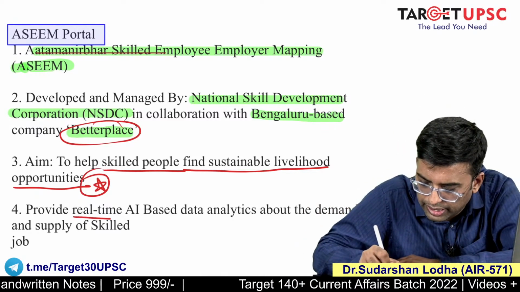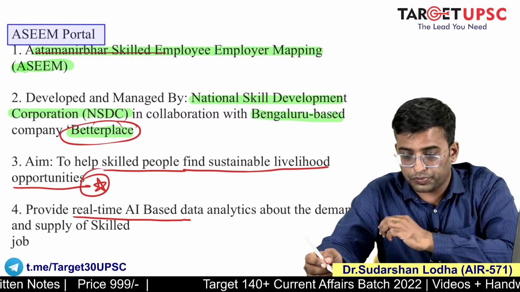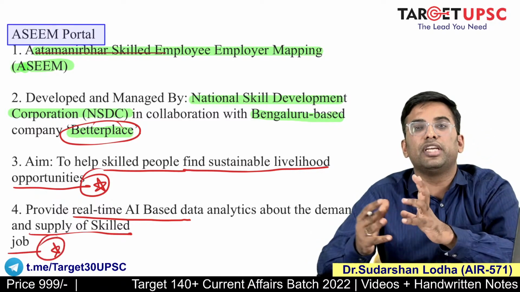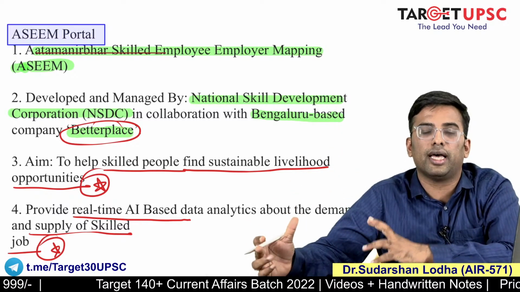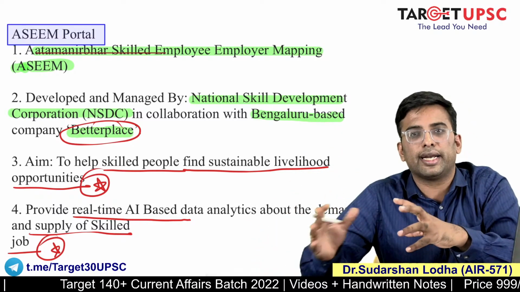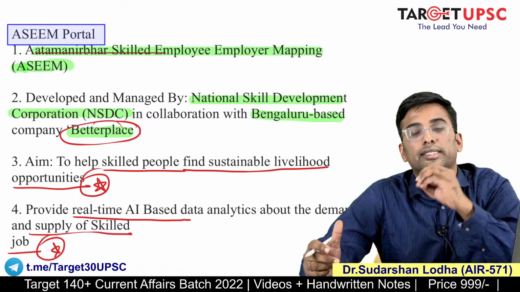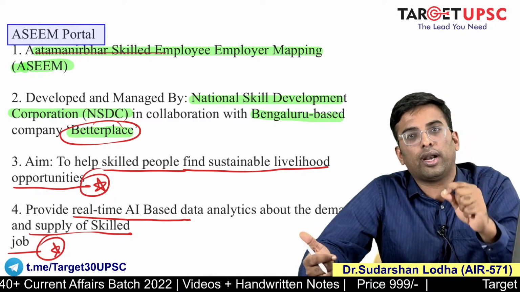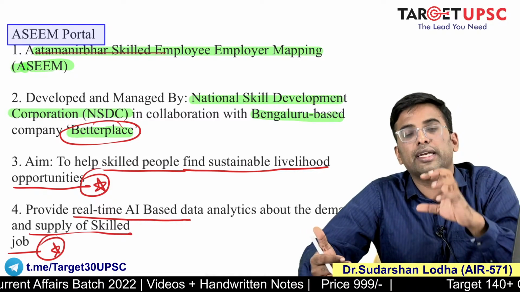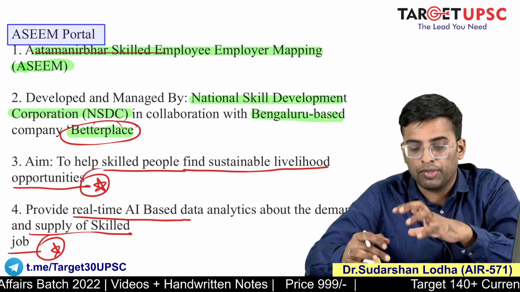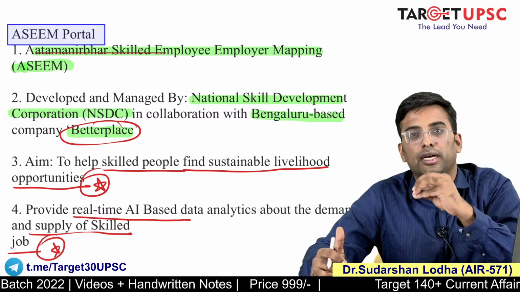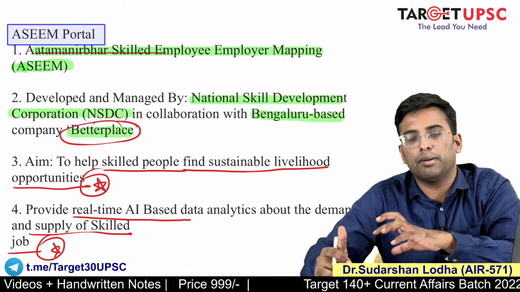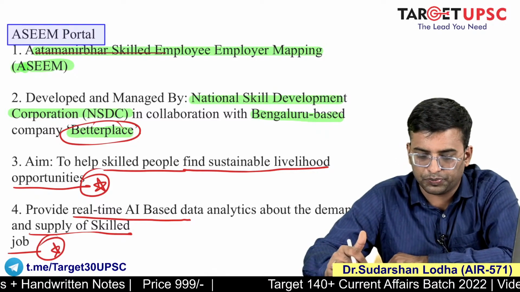And it provides real-time AI-based data analytics about the demand and supply of skilled jobs. तो बेसिकली इट गिव्स इंफॉर्मेशन कि कौन से सेक्टर में जॉब्स ज्यादा है, कौन से सेक्टर में डिमांड है, and tries to match both the things and give the right data so that the students and those who are trying to opt for jobs can find कि कौन से सेक्टर में ज्यादा जॉब अवेलेबिलिटी है. तो एक रियल टाइम AI बेस्ड डेटा एनालिटिक्स सिस्टम इसके अंदर बिल्ट इन है. तो ये भी इंपॉर्टेंट चीज पता चाहिए.